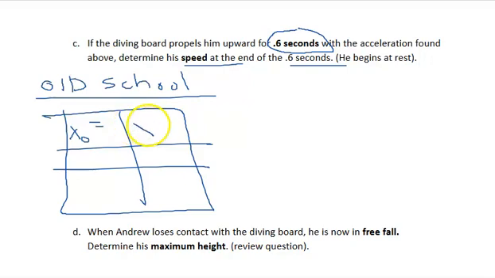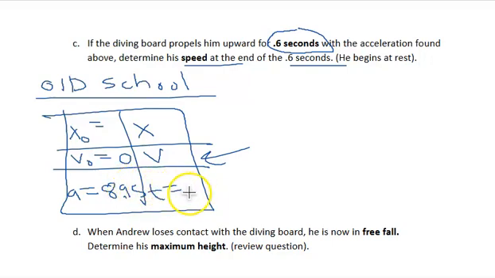We don't really know X or X not. He begins at rest, and we're looking for the speed, and his acceleration is a positive 8.95, and the forces act for 0.6 seconds. So since we care about V final, let's use the velocity function.